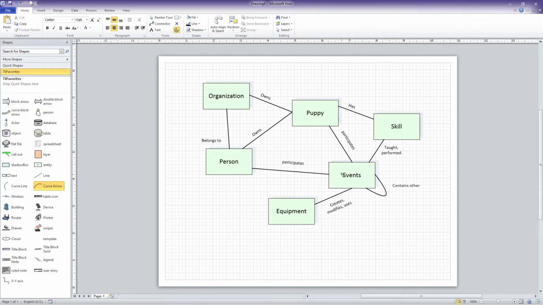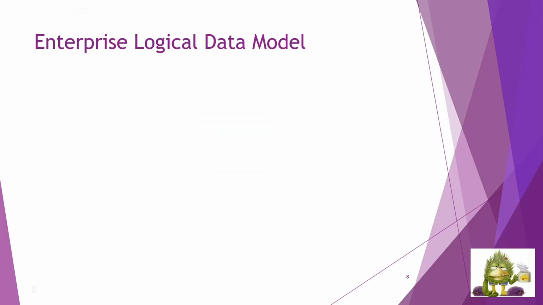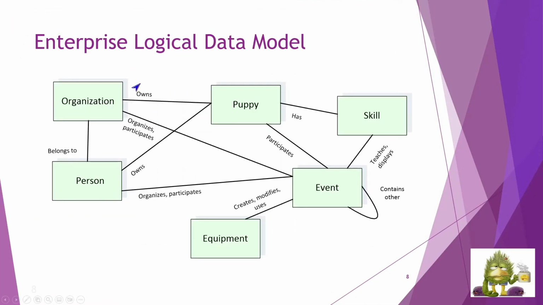And obviously there is also a puppy that participates in that event as well. So this being where we start as we begin to look at our more detailed data, this is the enterprise logical data model. Here is this done a bit more cleanly than I'd done previously when building this with you watching.